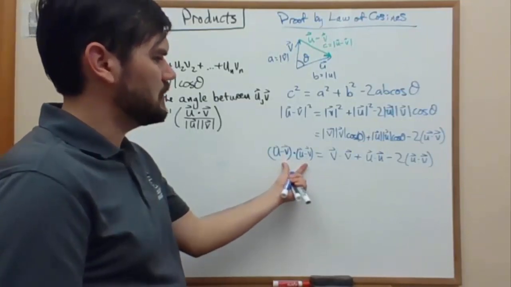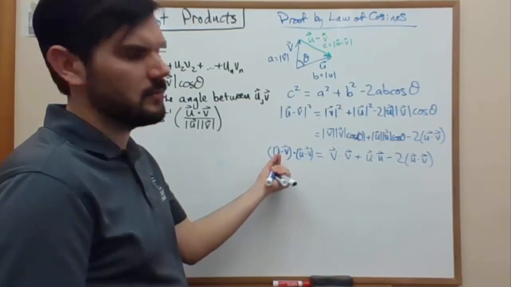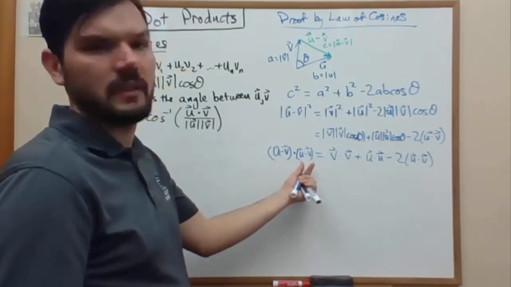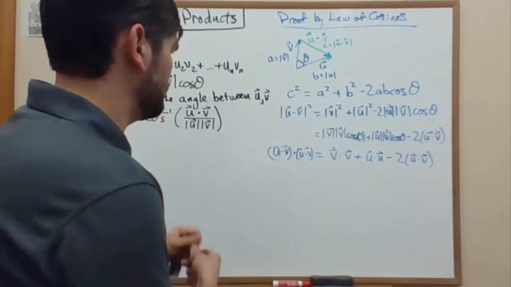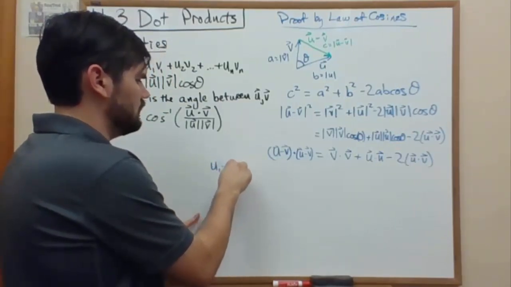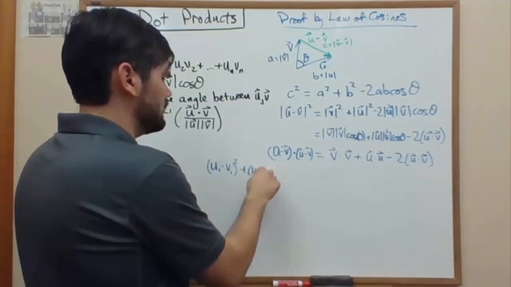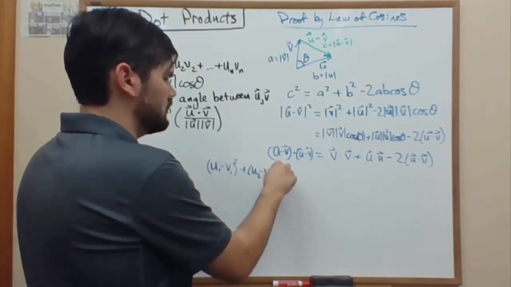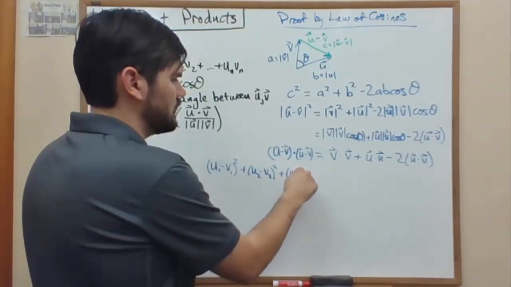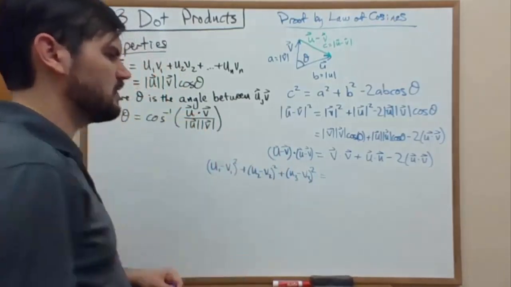This product is going to be a little bit messy because we're subtracting components: u1 minus v1, multiplying by u1 minus v1. Let's just write that out. So u1 minus v1 squared plus u2 minus v2 squared plus u3 minus v3 squared.